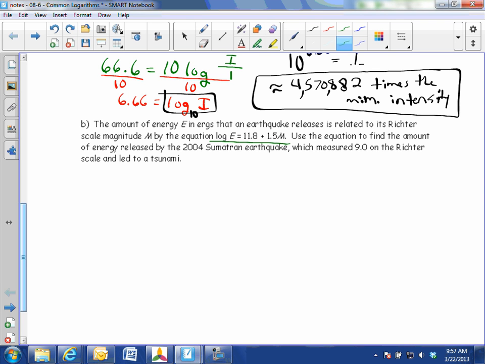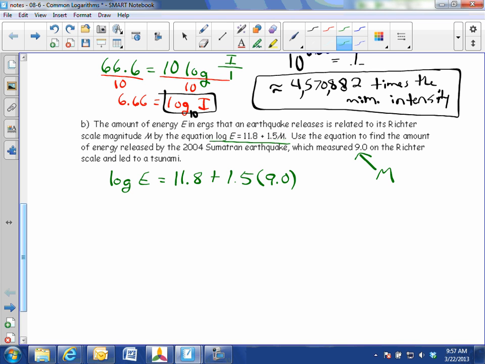Alright, so we're going to plug stuff in. What is 9.0? What are we going to put that in for? What variable? M. That's really easy. Okay, so we've got log of E equals 11.8 plus 1.5 times 9. Good.